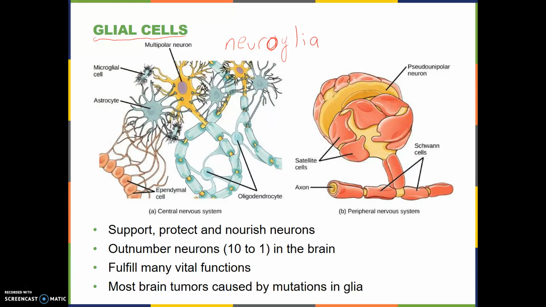So, a few different types. A microglial cell functions in defense against pathogens and that kind of thing. An astrocyte in the central nervous system, in the brain, functions in maintaining the blood-brain barrier.